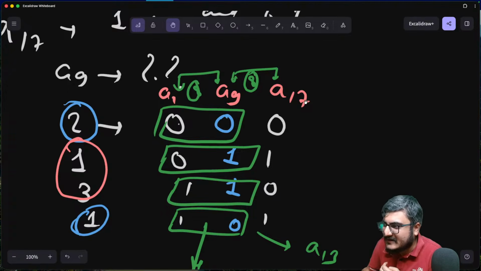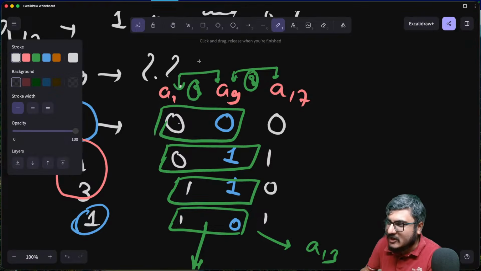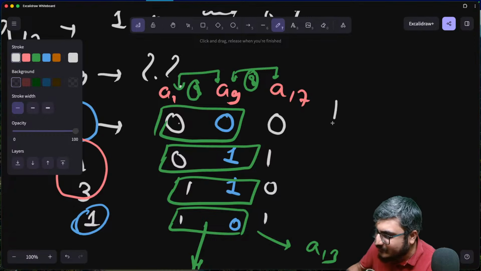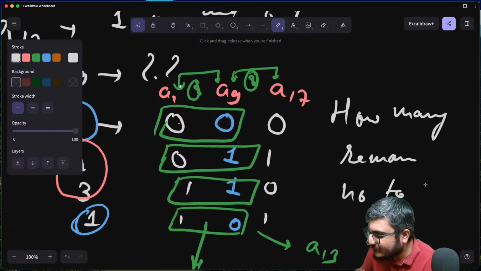Similarly, I can look at A9 and A17 and figure out the same part. All I need to know is how many numbers I have to fill in between. I care less about the indexes 1, 9, and 17. All I need to care about is how many remaining numbers there are to fill between these two sides.